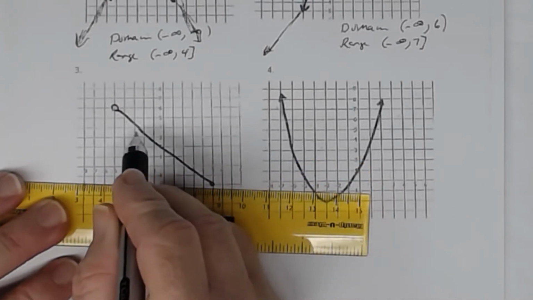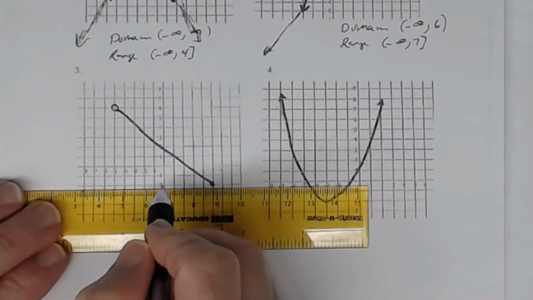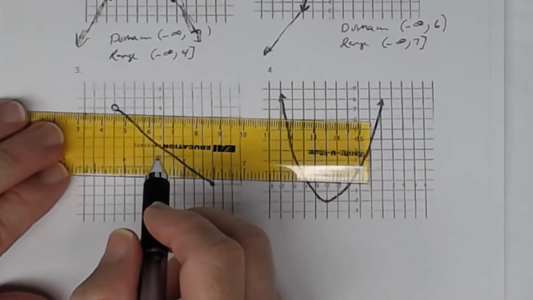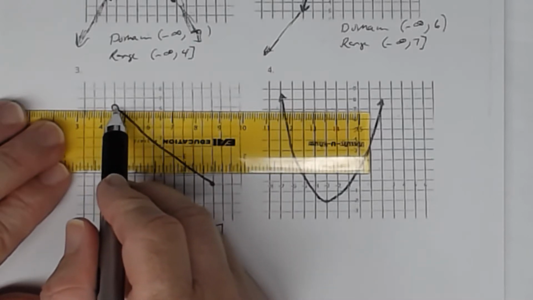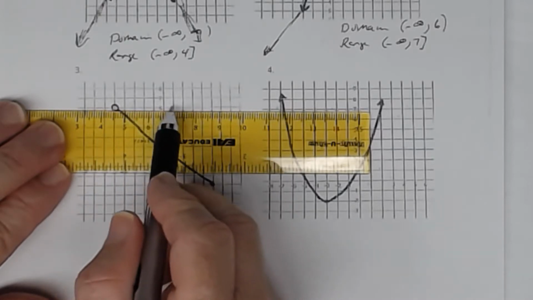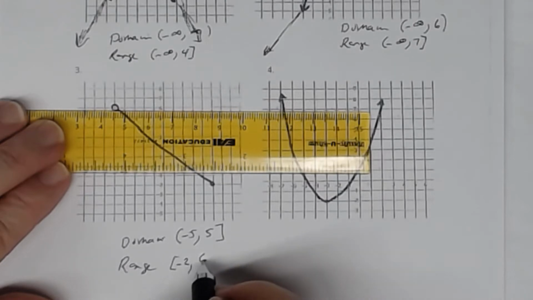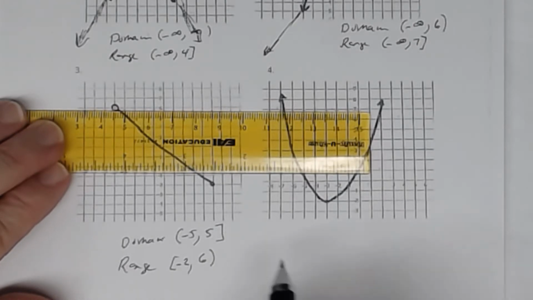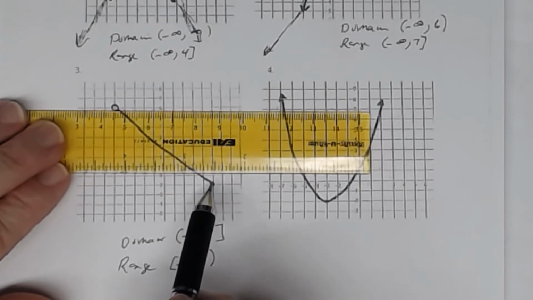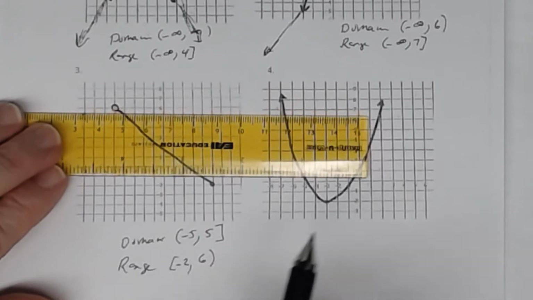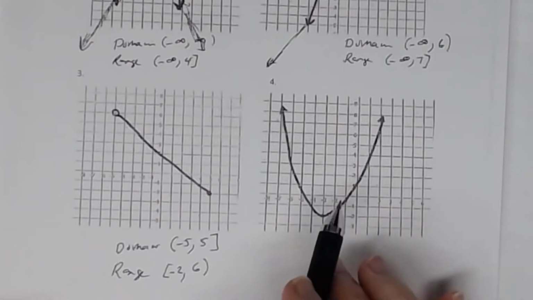All these y coordinates will be any number between negative 2 and 6. But there's an open circle, so this point's not on the graph, but that y value is 6, and you're going to use parentheses this time because it's an open circle. Open, parentheses; closed, bracket.